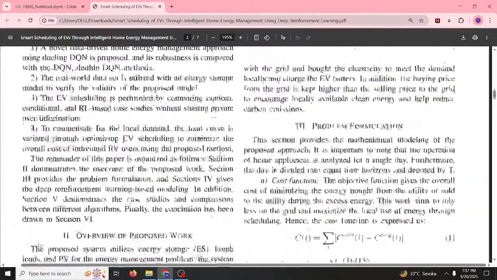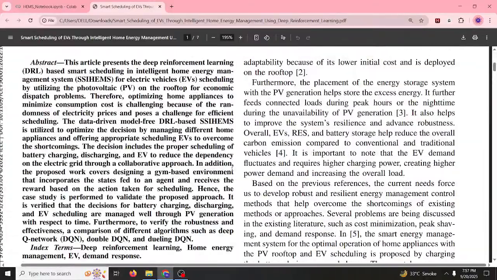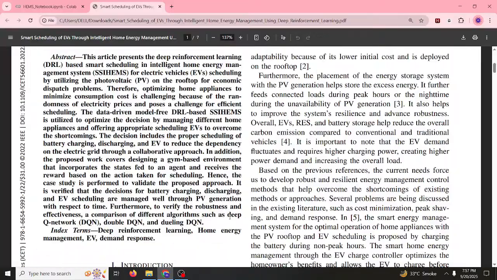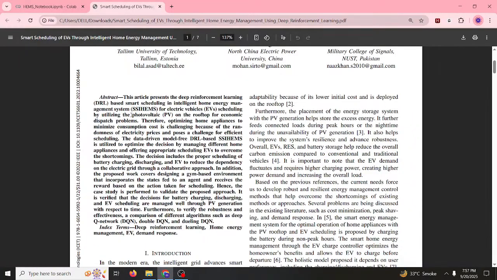Let us go to the introduction and check what we are actually going to do here. The first thing is the photovoltaic generation on the rooftop. This will maximize the renewable energy usage. So objective number one is to optimize the home appliances in such a way that the consumption cost is minimum, so that we have a minimum electricity price, without compromising the comfort of the user.